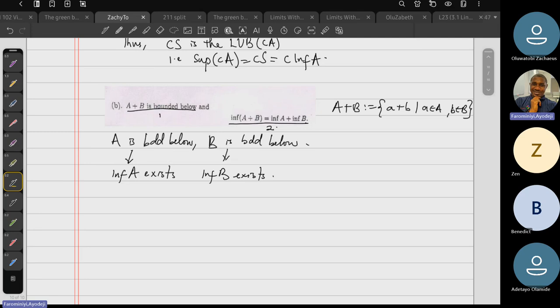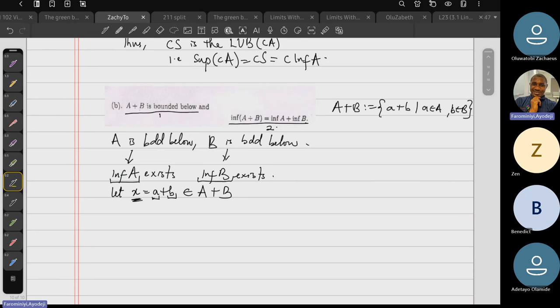So what does it mean for infimum of A to exist? Let x be equal to a plus b in A plus B. To show that A plus B is bounded below, we need to at least figure out an element that is less than or equal to x, because x is just a random one chosen arbitrarily. But what do we know about small a and small b with respect to infimum of A and infimum of B?